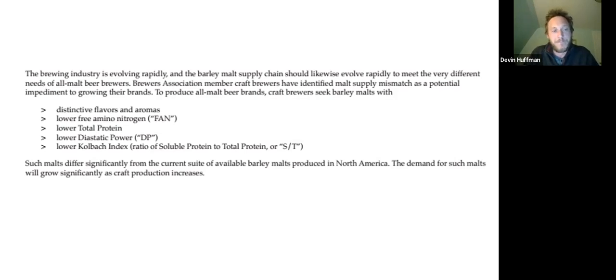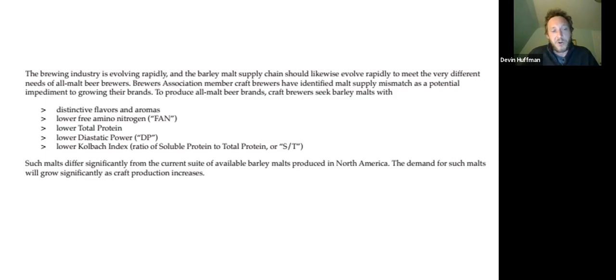Again, North American varieties tend to have higher protein levels, and those protein levels are tied both to FAN and diastatic power. The higher protein barley is a correlation where it nets higher FAN and higher DP in the malt. So North American barleys have been bred for higher protein to drive up the FAN and the DP essentially.